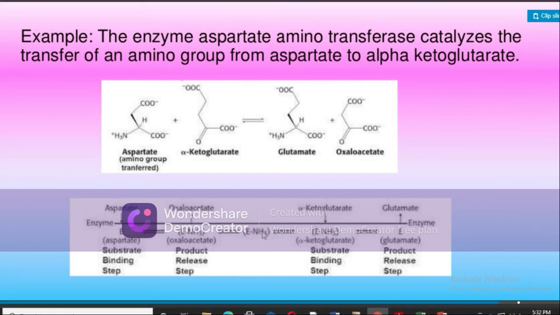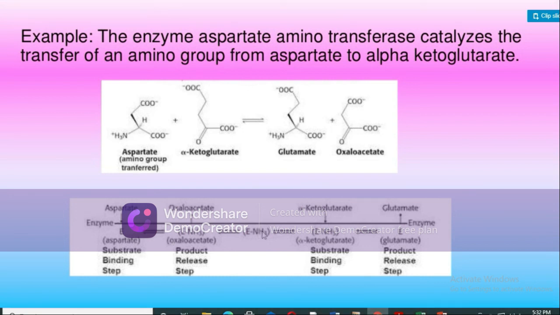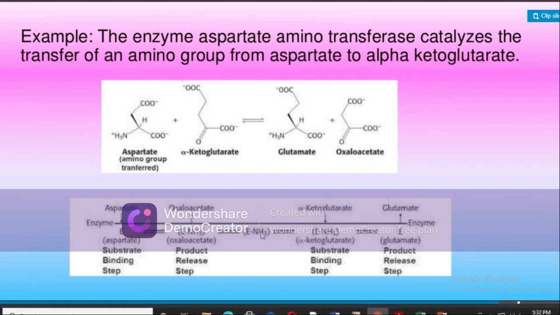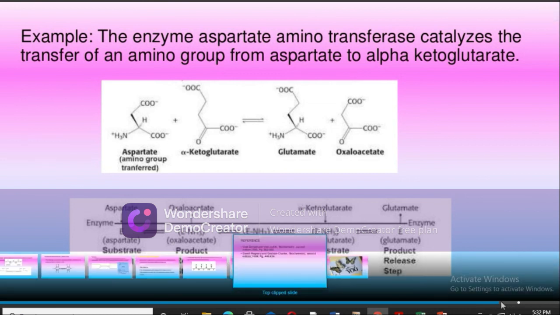The asterisk indicates that some part of the substrate still remains with the enzyme. This element held by the enzyme will now be used as a donor to the next substrate. The oxaloacetate will now react with the intermediate enzyme to produce glutamate. So this is it for ping-pong.